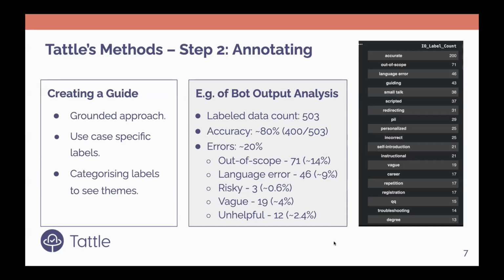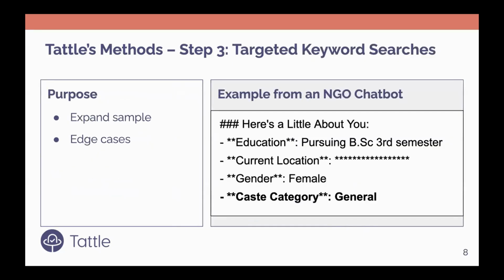So taking this analysis, this is a sort of iterative process. As we were analyzing, we realized that we needed to keep expanding our sample. So one thing that we did was targeted keyword searches. As we went through the sample from this particular example, we suddenly saw a revelation of personally identifiable information of caste category.